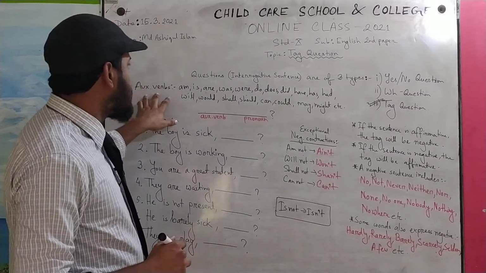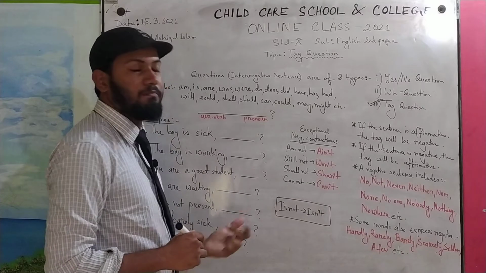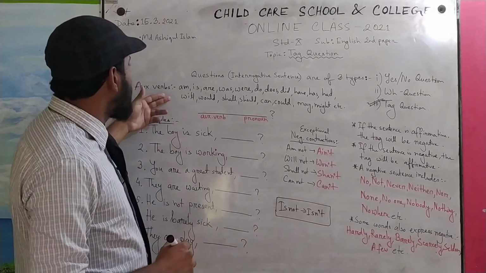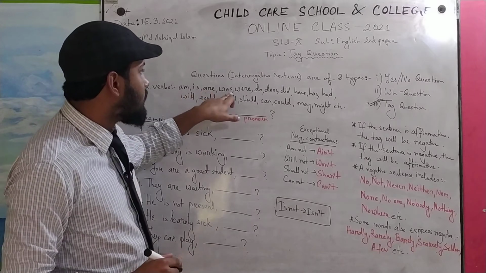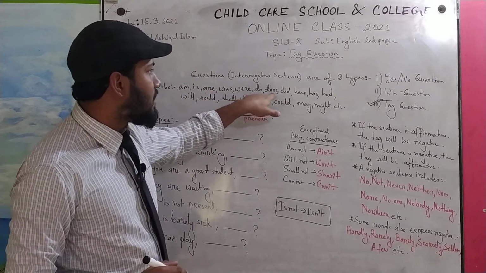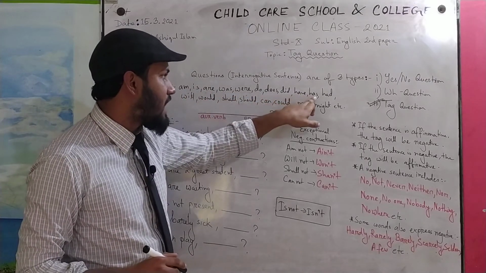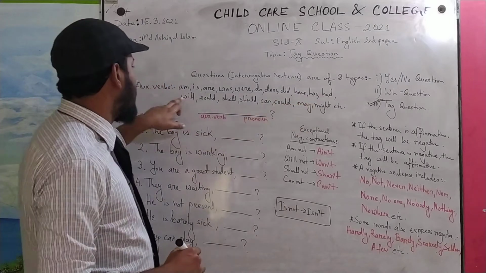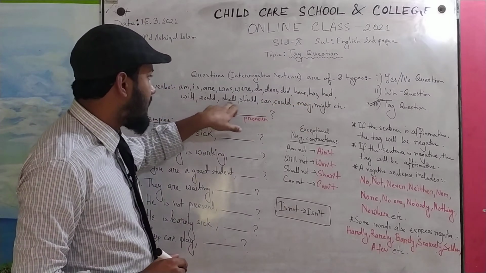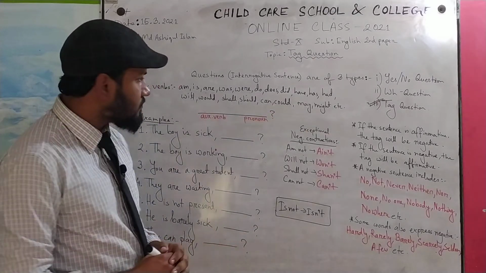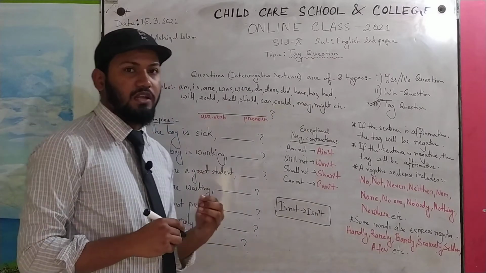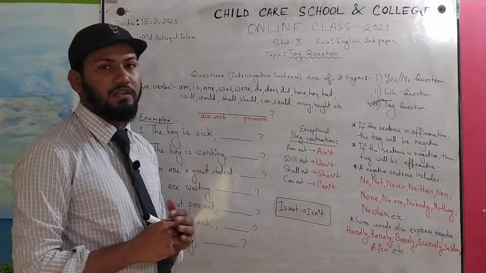So the auxiliary verbs will help us form the tag question. Some of the auxiliary verbs are am, is, are, was, were, do, does, did, have, has, had, and then will, would, shall, should, can, could, may, might, and so on. So that means most of the auxiliary verbs can be used to form a tag question.